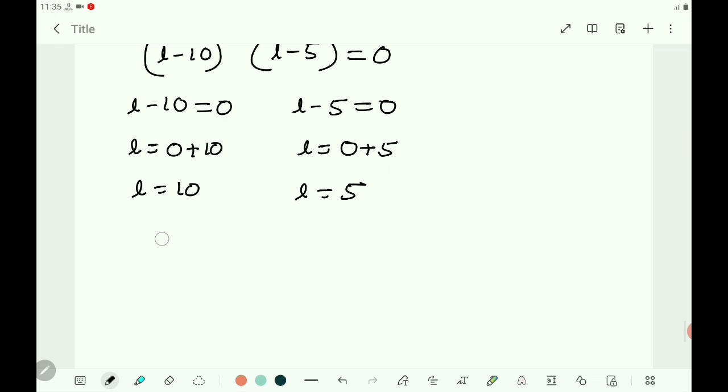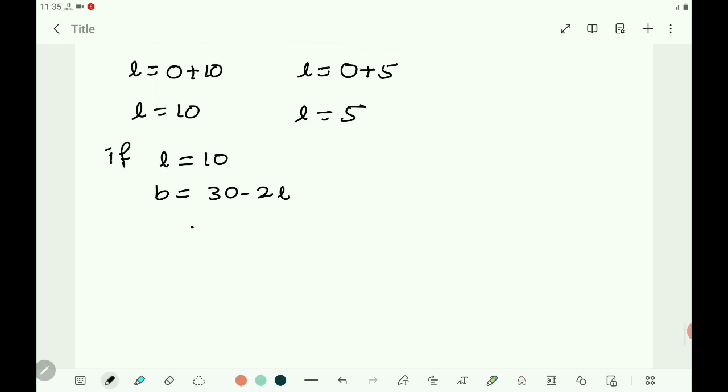If L equals 10, then B equals 30 minus 2 into 10, equals 30 minus 20, which is equal to 10.